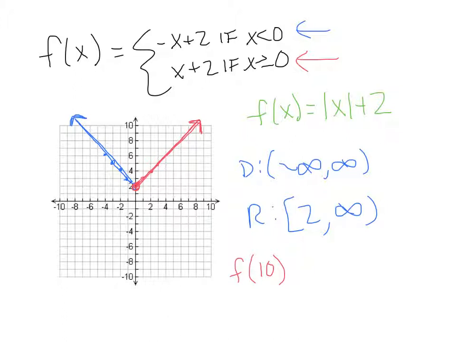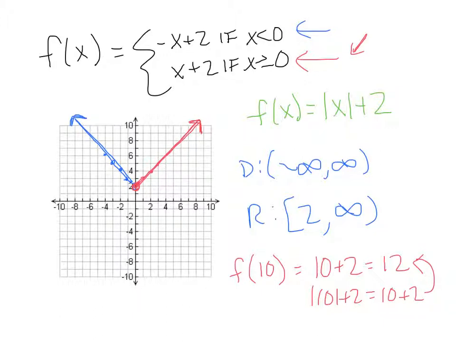I'm going to evaluate it using the original piecewise function. For 10, we're going to use that second one there. And so we're going to say, oh, it's 10 plus 2, which is 12. You could also evaluate this one using the absolute value. The absolute value of 10 plus 2 is equal to 10 plus 2, which is also 12.